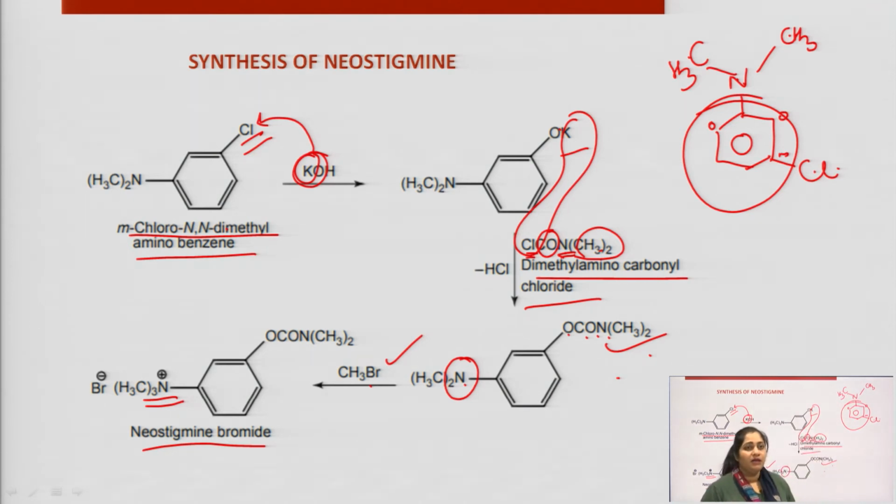So, what has happened? First of all, let us start with metachloro-N,N-dimethylaminobenzene. By the action of KOH, we have replaced this chlorine with OK, the oxy potassium. Further, with dimethylamino carbonyl chloride, there is a removal of KCl, and this group OCON(CH3)2 will be attached.